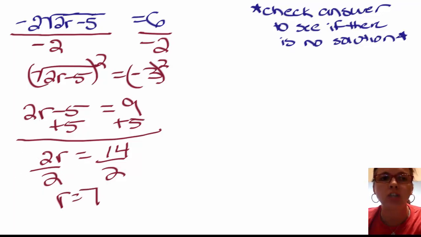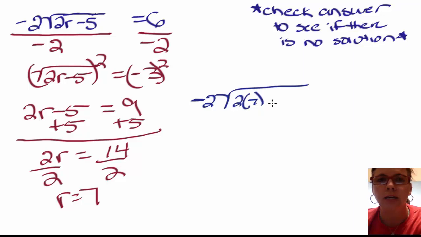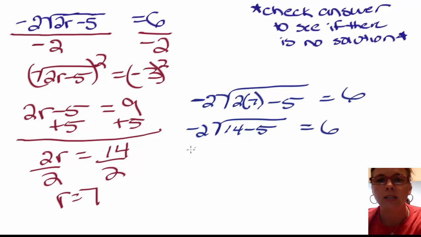Now we have to check it and see if it actually works. So negative 2 times the square root of 2 times 7 minus 5 equals 6. Negative 2 times the square root of 14 minus 5 equals 6. So negative 2 times the square root of 9 equals 6.